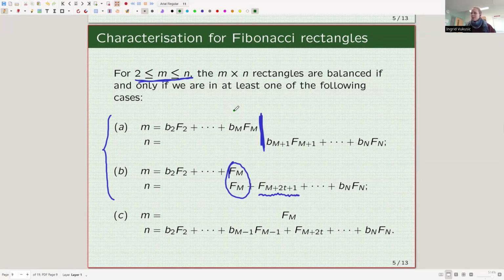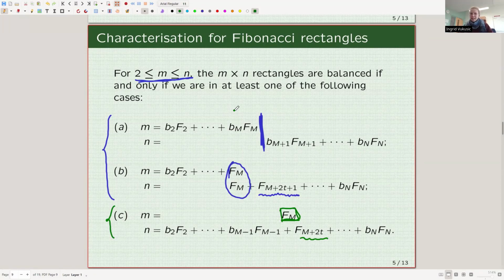And then the other special case where we are balanced is where m is a Fibonacci number, and again, we've got some subtle condition. Okay, so this is the answer. You get it essentially for free from Walnut, but in this talk, we want to understand why these are the answers and what's going on.